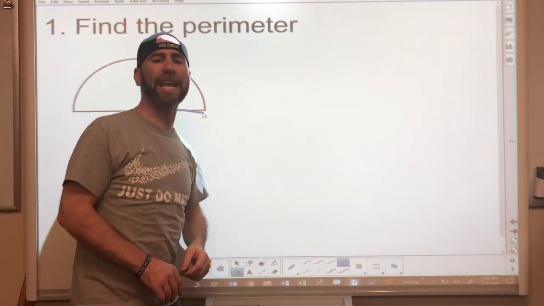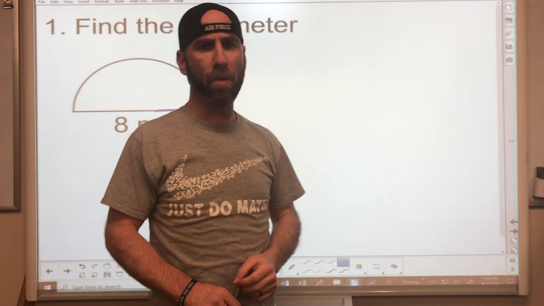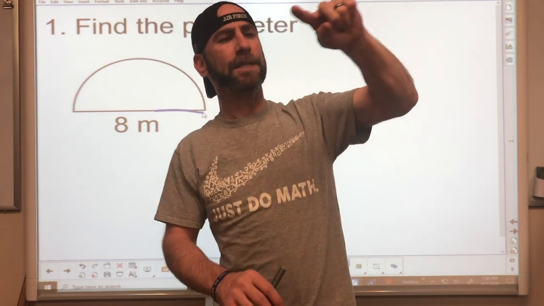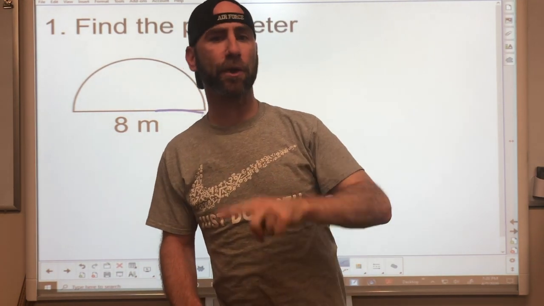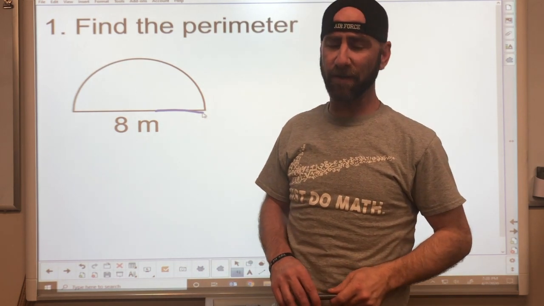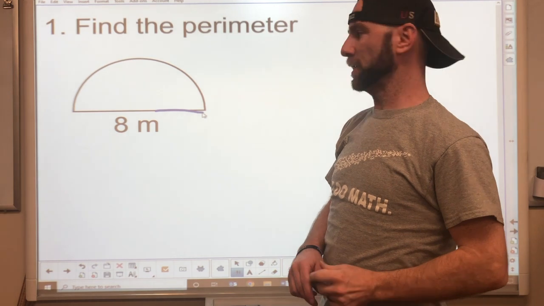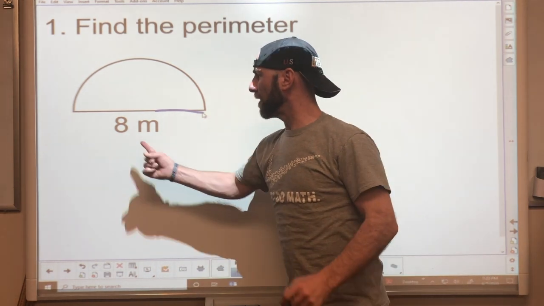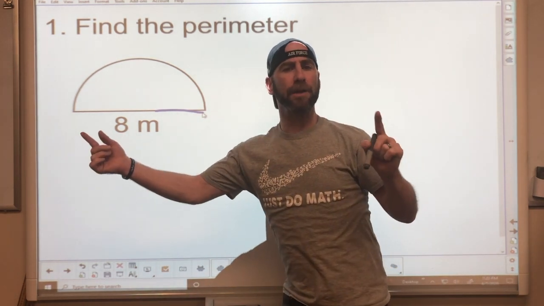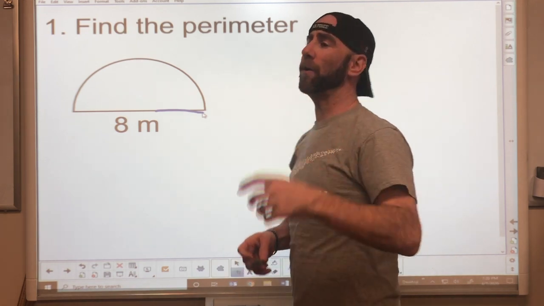Well, since it is a semicircle, we need to find the circumference of the entire circle using the circumference formula, which is 2 pi r. So we see here the diameter is 8 meters, therefore the radius is 4.